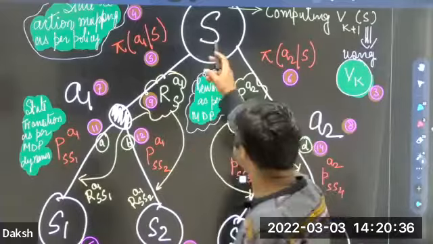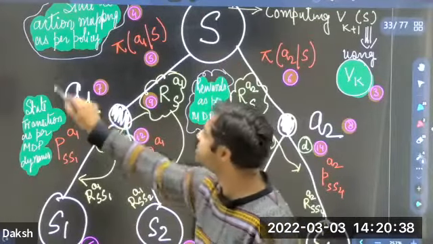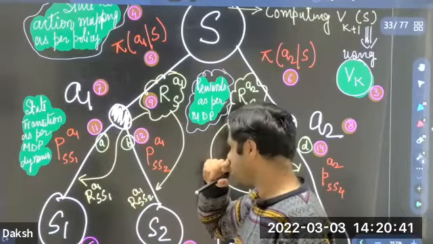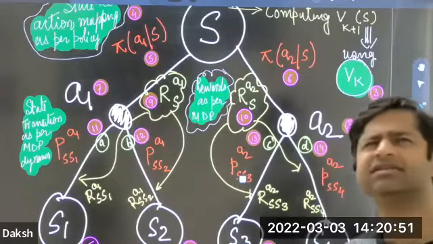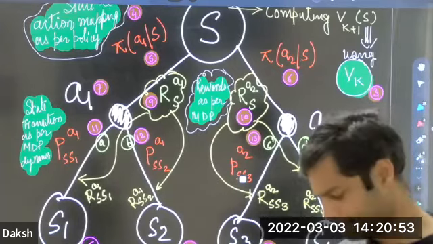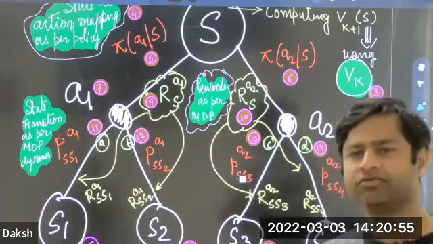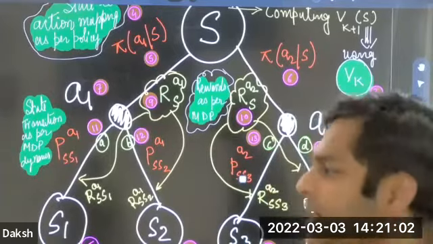So at state S, if you take action A1, which state are you going to land up in? Who is going to tell you this? Sir, MDP. MDP, environment. Okay. So basically, the environment is going to tell.